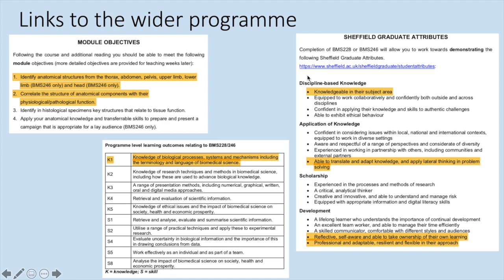Now, I've highlighted here some of the links to your wider program for this session. So this session is aligning to your module objectives 1 and 2, your program level learning outcome K1, and this aspect of the Sheffield graduate attributes. And all of this is by increasing your specific knowledge in anatomy and in biomedical science.